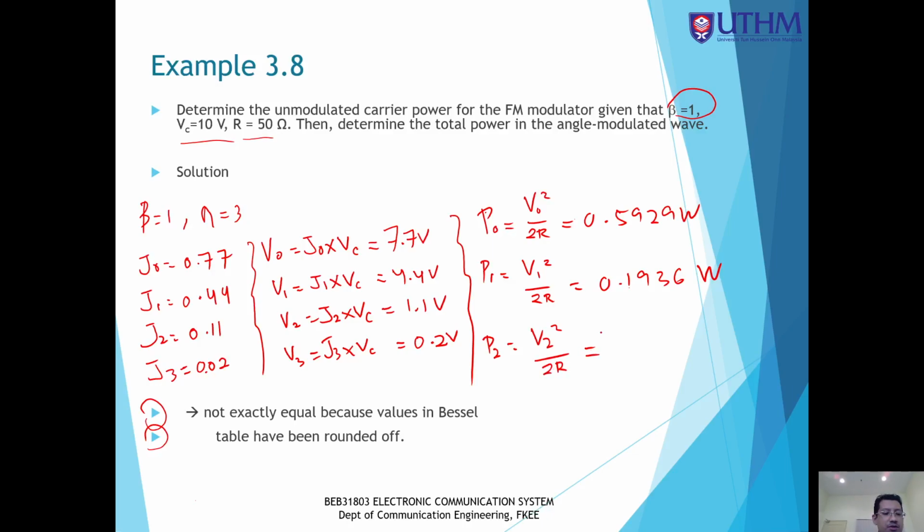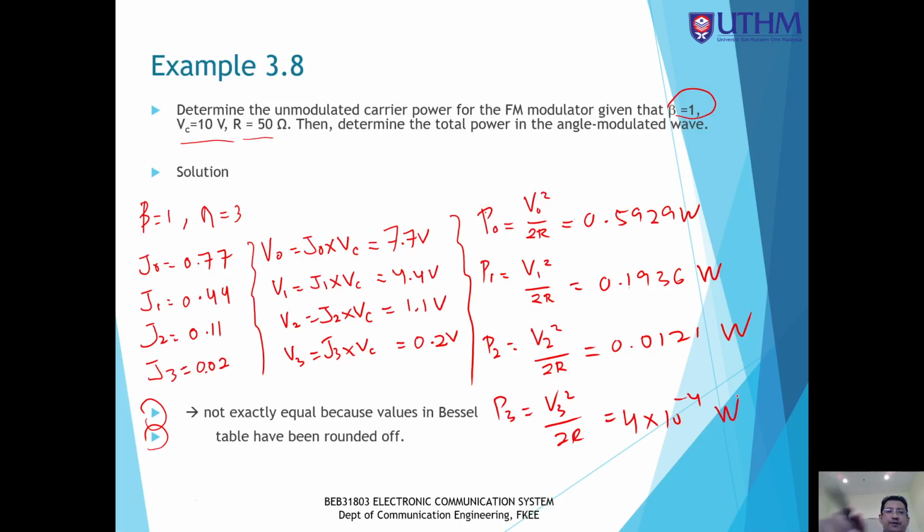So this is 1.1 square divided with 100. So you get 0.0121 watt. And P3 is equal to V3 square divided with 2R. So this is 0.2 square divided with 100. So you get 4 times 10 power of minus 4 watt.